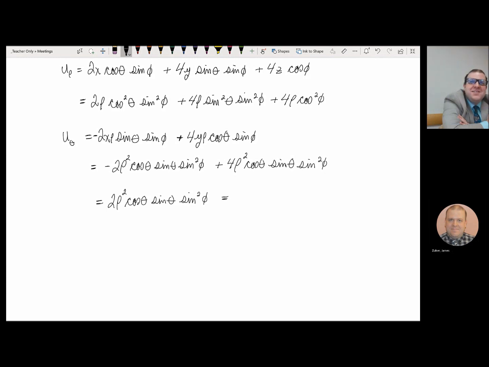We don't remember our trig identities. This is very sad. Like 2 cosine theta sine theta was just simplified as sine 2 theta. Now, be honest, did you look it up? I'll give you credit for remembering it's a double angle. Yeah, sine of 2 theta is 2 sine theta cosine theta. We have a 2 sine theta cosine theta, so just replace it.